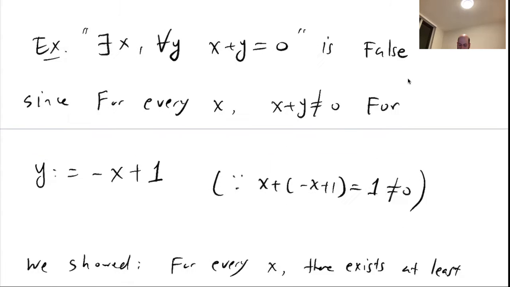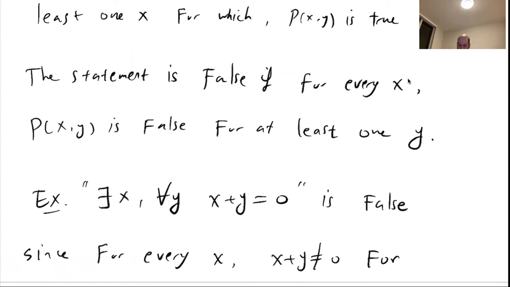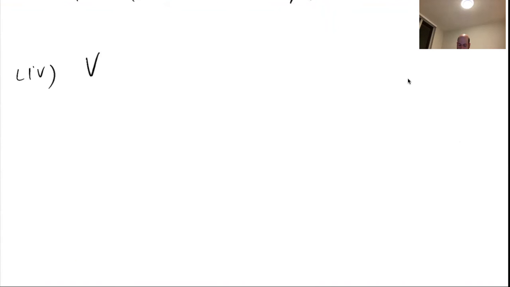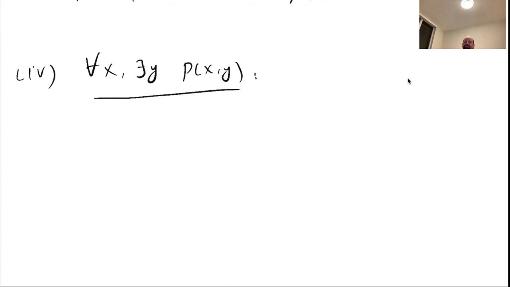So this one we said, for each x, there exists y, p of x and y. Let's compare it again. Let's think about it in the context of classes in Columbia College and students in those classes.